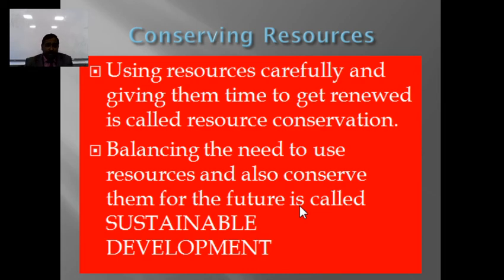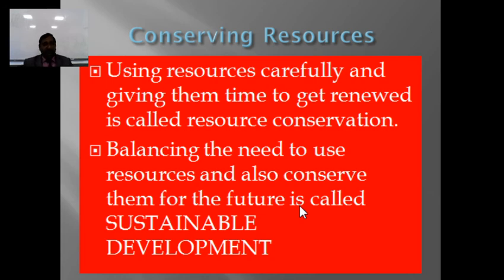I will explain this. So how are you using the resources in today's scenario? I still remember the thought of Gandhiji. He said that nature has given for everybody's need, but not for greed.